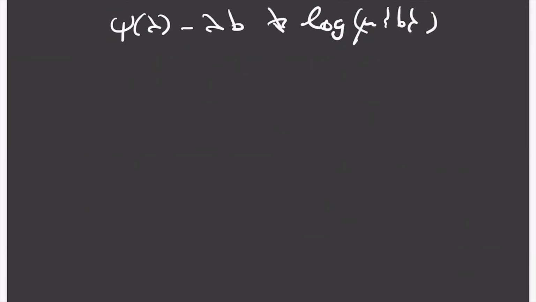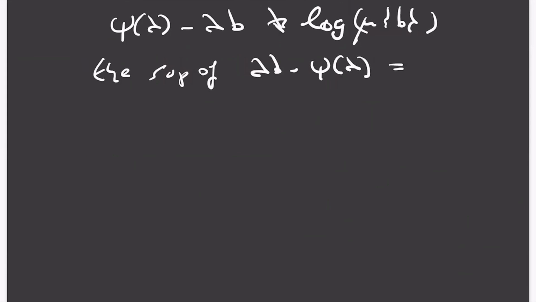And therefore, the sup of lambda b minus psi of lambda is equal to minus the log of the measure of b.